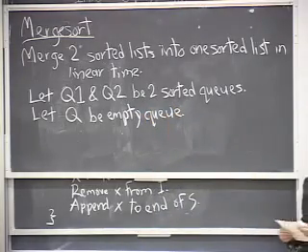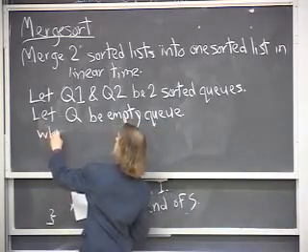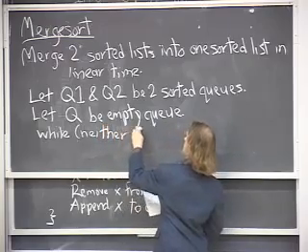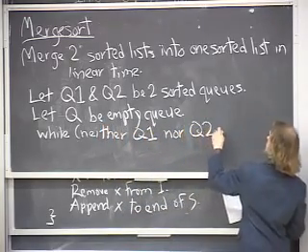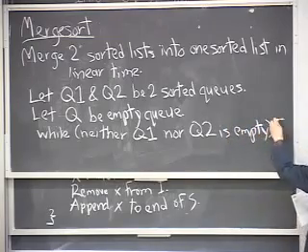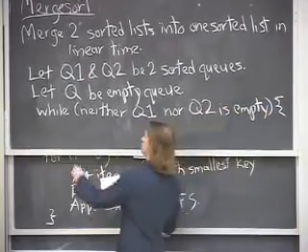Then the algorithm's like this. While the input queues are not empty, we're going to check what item is at the front of each of these queues.